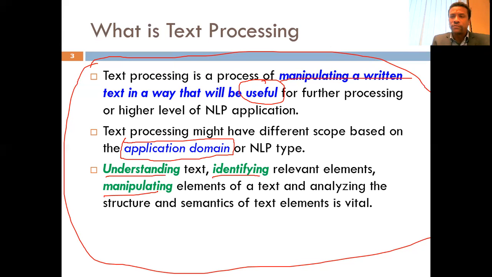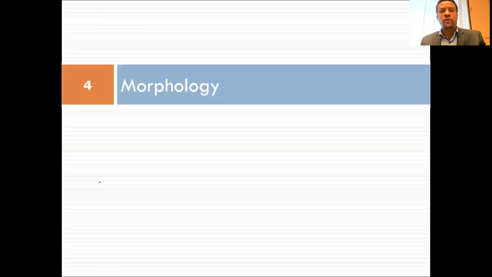Then after you understand the text, try to identify the relevant element. What is the relevant element that you're interested about, okay? Then after completing these 2, you have to write a program that will help you to manipulate that relevant element from the text. So these 3 steps are always there. These are common for any programming.